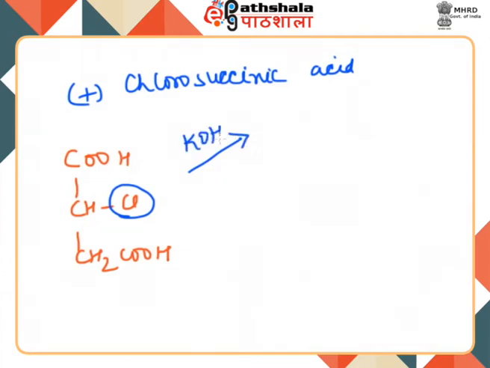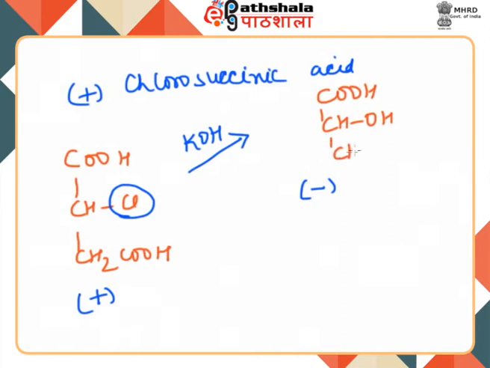So when we take KOH as reagent, then starting from this (+) we are getting inversion, that is we are getting the (-) malic acid, and the product will be this (-) malic acid. And notice that Cl has gone into OH, and that has happened with inversion. So from (+) we are getting (-).